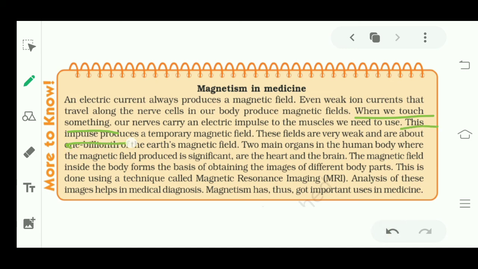This impulse produces a temporary magnetic field. An electric impulse is there, that means a temporary magnetic field is produced, right?